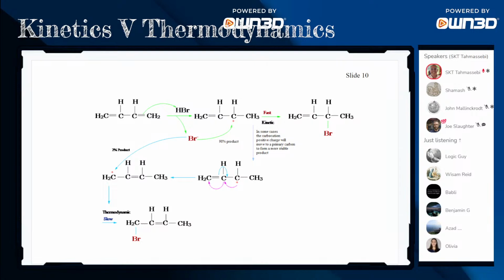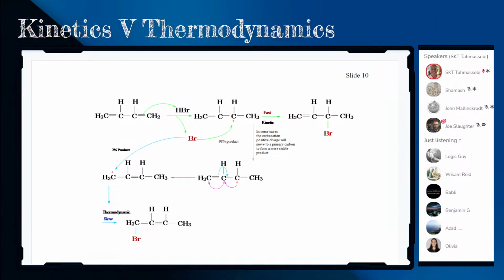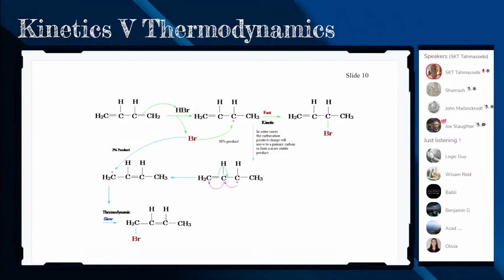I can play with solvents. I can put in solvents here that would stabilize a primary carbocation much better than they would a secondary carbocation. So I can play with reaction conditions to force this going into the kinetic or thermodynamic way.